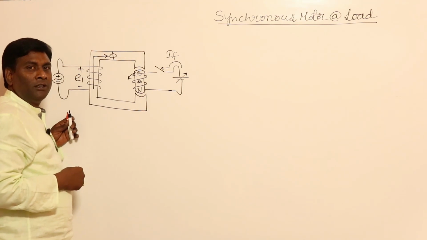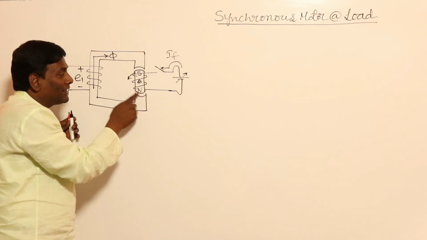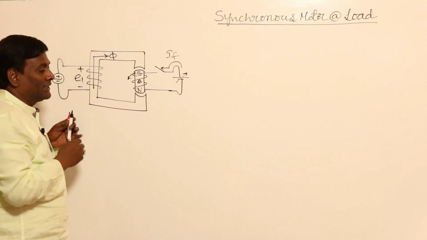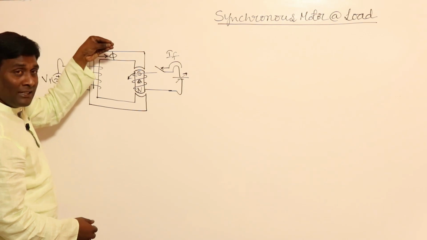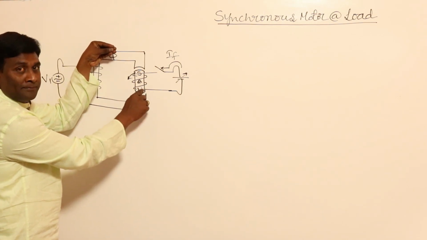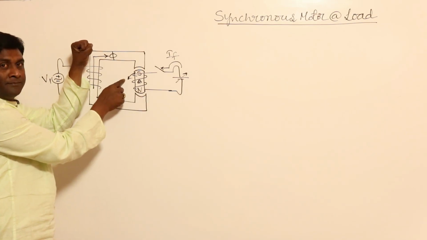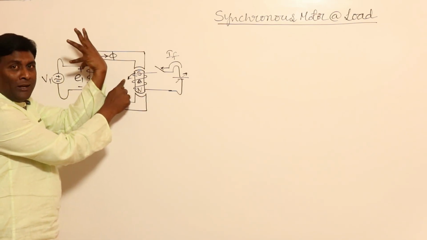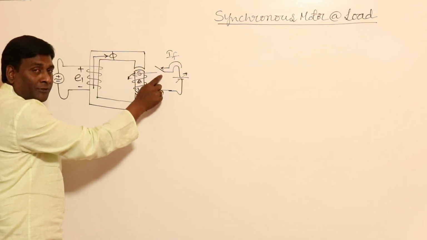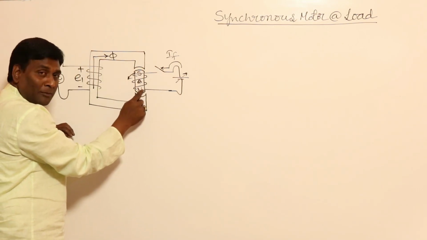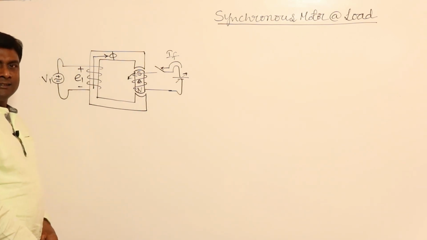Now for example, it is aligned and being rotated in such a way that whenever this flux is maximum in this direction, it is aligned here. Whenever this flux is 0, it is aligned here. Whenever this flux is negative maximum, N is aligned here, such that the flux created by this and the flux produced by this are exactly in line.